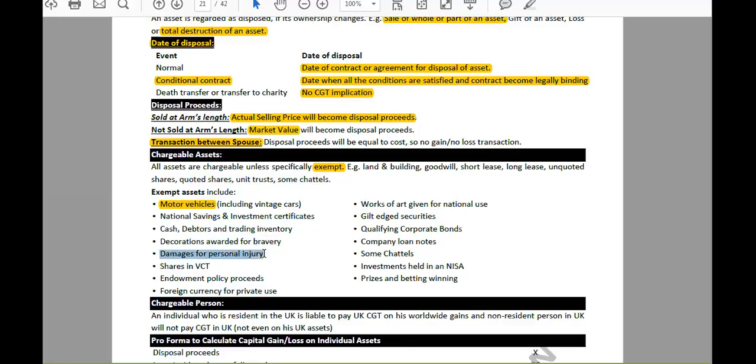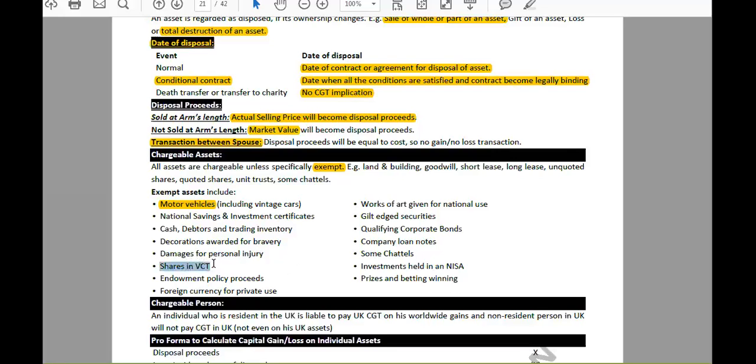Damages for personal injury, for example, if your life is insured and as a result of any damage you are receiving anything from the insurance company as a result of personal injury, you don't have to pay any tax.